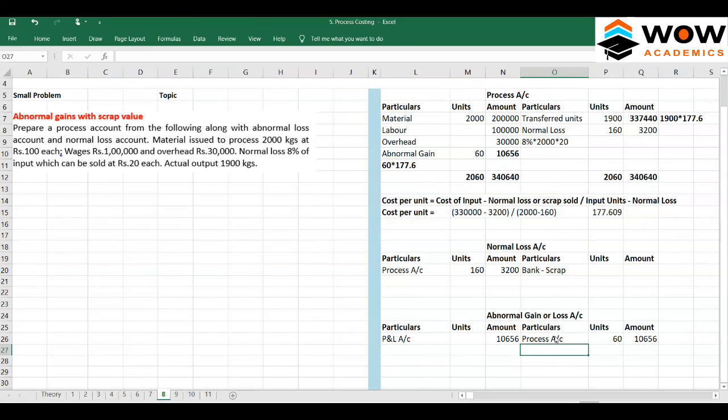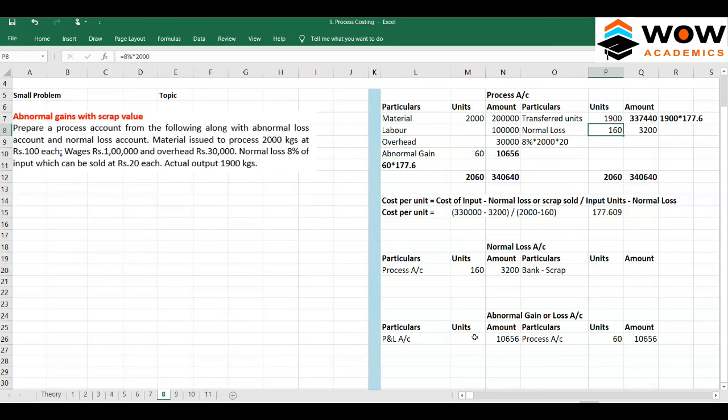because we can put it like this. We thought 160 units will be damaged and we can sell it for scrap. But abnormal gain means whatever you thought will become damaged has not become damaged. So how many units have you saved? It's called abnormal gain. You thought 160 will be damaged, 60 is not damaged.